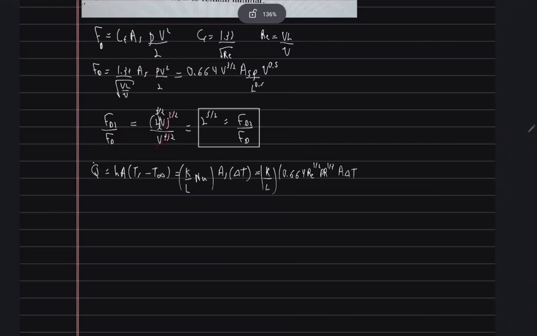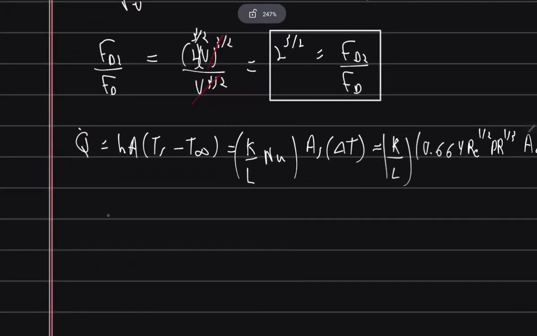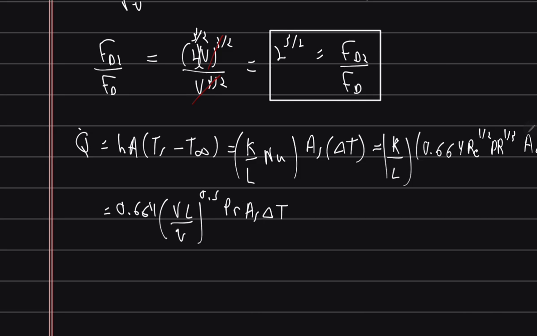Well, just like before, we can substitute in the Reynolds number. So we have 0.664 times the Reynolds number to the 1/2, VL over nu, to the 0.5, times the Prandtl number, Pr, A_S, delta T, times k over L. Cannot forget that.